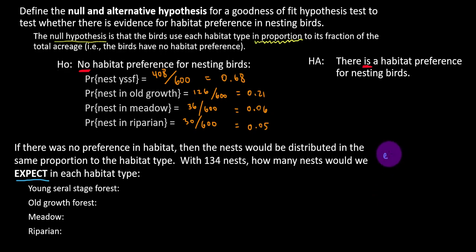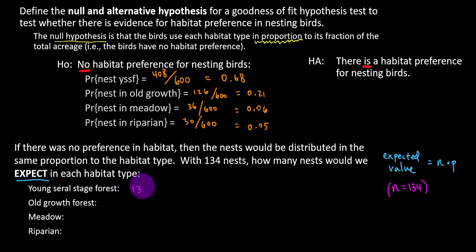We need to remember the ultra brief formula for the expected value. Remember, that's just n times p. Here, we remember from a moment ago, click rewind, that the sample size was 134.